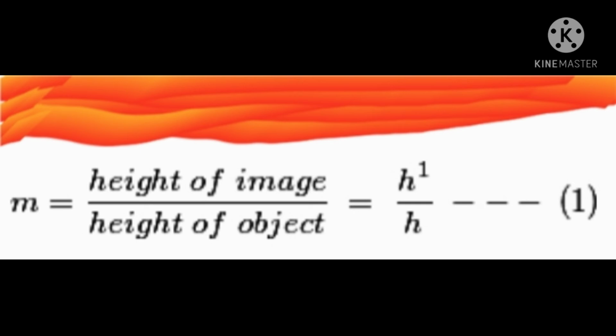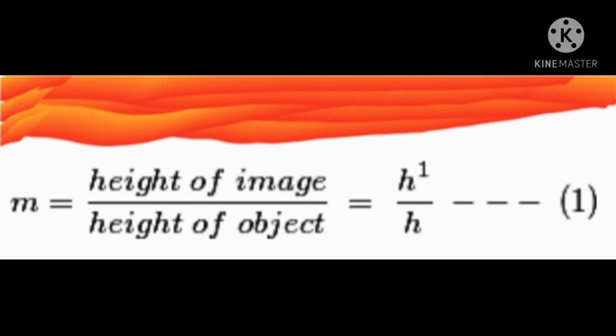As in the definition we said, magnification produced by the spherical mirror gives the relative extent to which the image of an object is magnified with respect to the object size. So we can write m is equal to h dash divided by h. H dash is the height of the image, h is the height of the object, and give this as equation number 1.